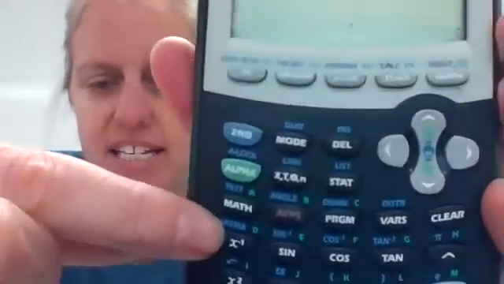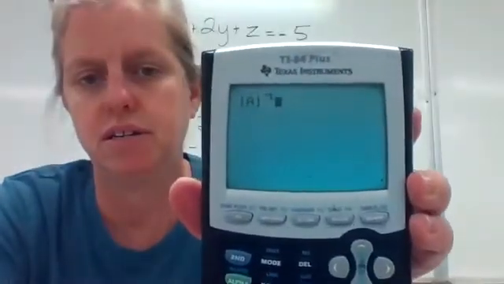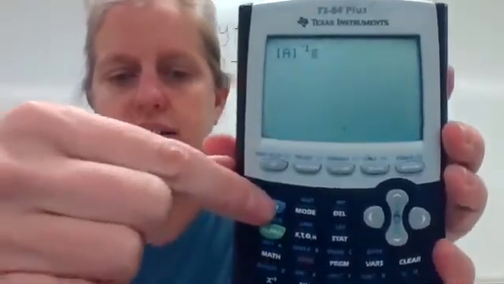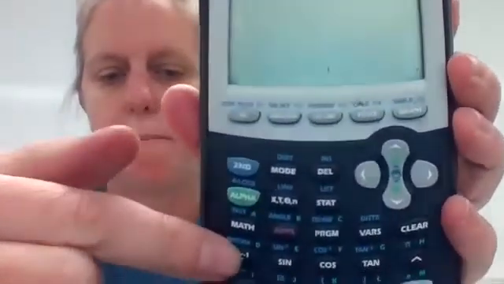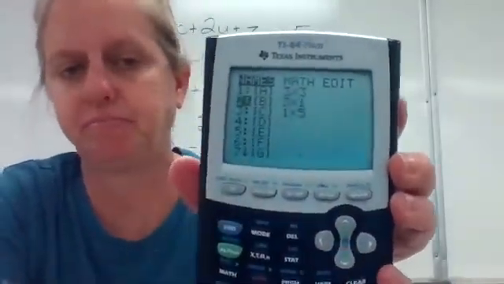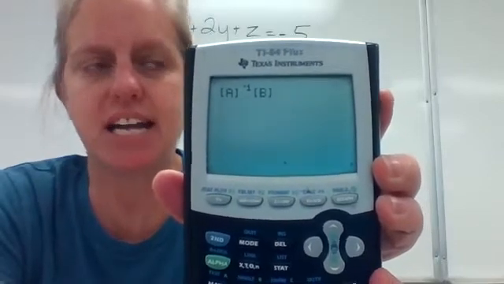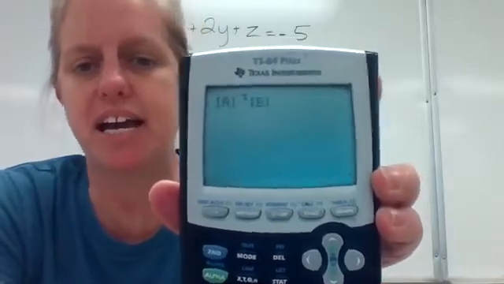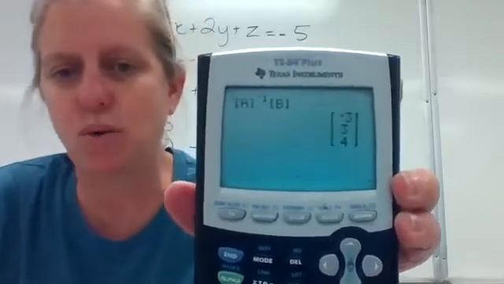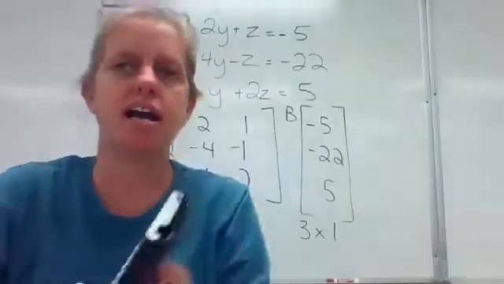Then hit that X to the -1 button. And then second matrix, go down to B. So your calculator should have matrix A to the -1, matrix B, hit enter. There is your X, Y, and Z. -3, 3, and 4.